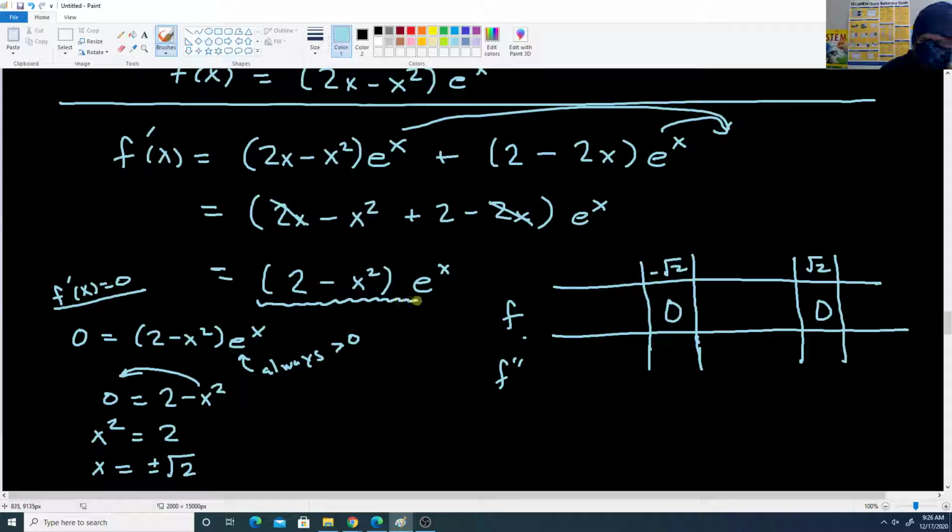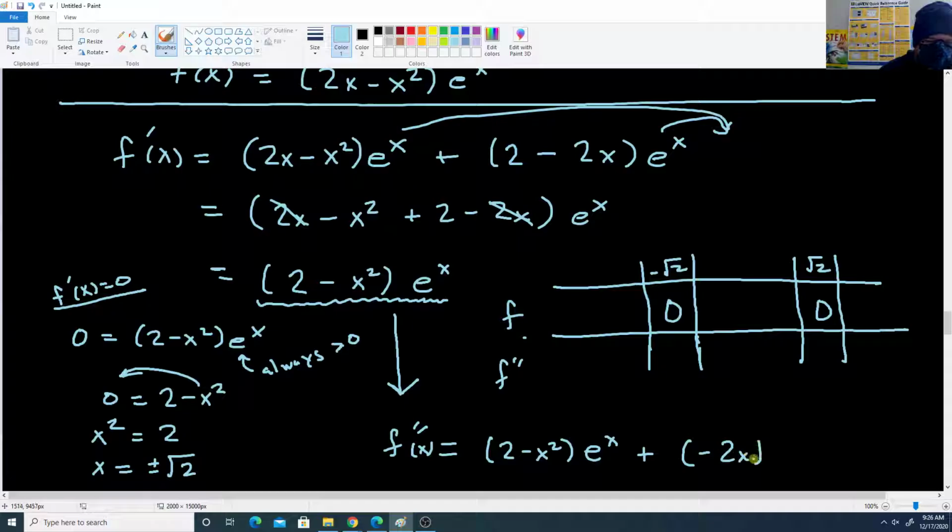This right here is my first derivative, so I'm going to take its derivative to get the second derivative. So f double prime, we have to use the product rule again. We'll leave this alone, take the derivative of e to the x, which is itself, plus, now I take the derivative of this: the derivative of 2 goes away, the derivative of negative x squared is negative 2x, and then e to the x stays the same.